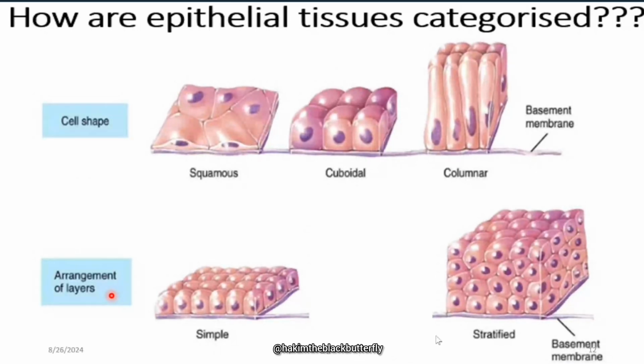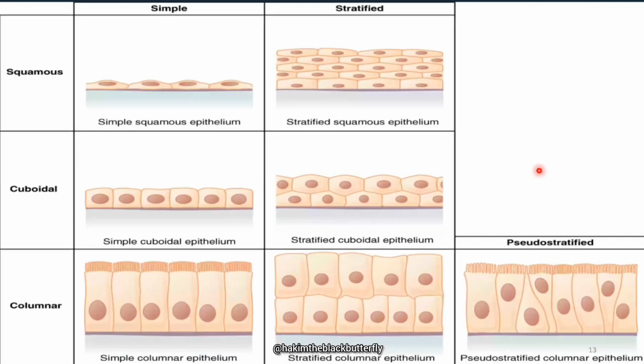Number one, the simple, which do have just one layer of cells. If we have more than one layer of cells, we call that stratified or compound epithelial tissues. So using these two criteria, we can end up with particular or specific examples of epithelial tissues.